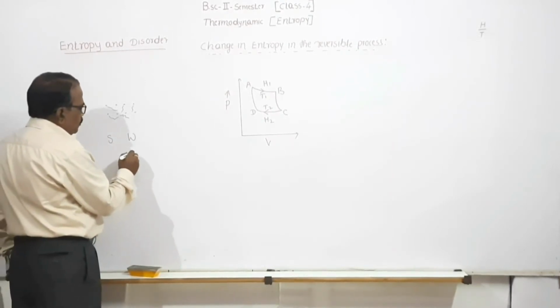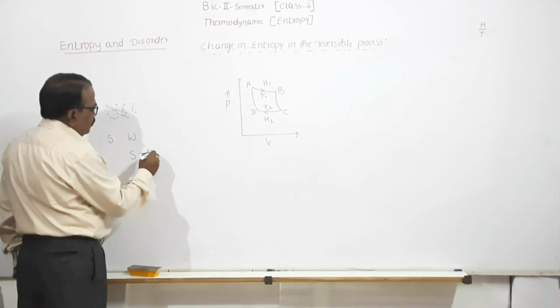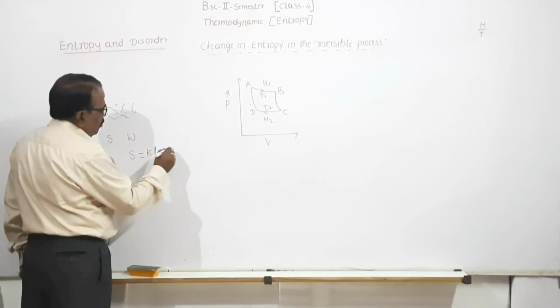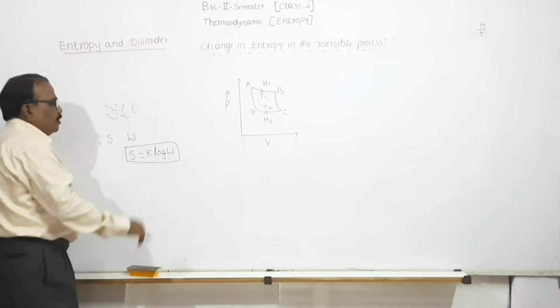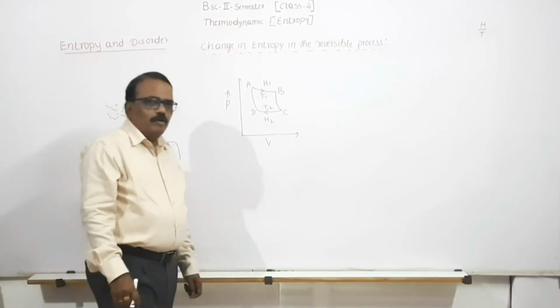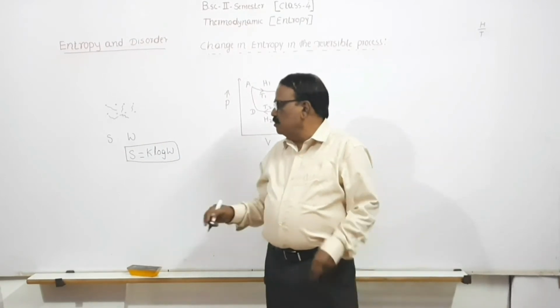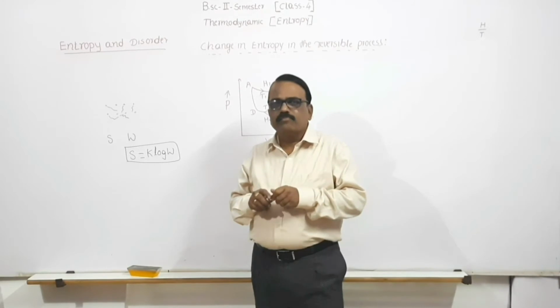So his relation between them is S is equal to K log W. So here S is entropy, K is the Boltzmann constant, and W is disorderness of the system.